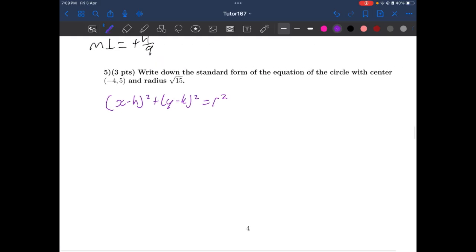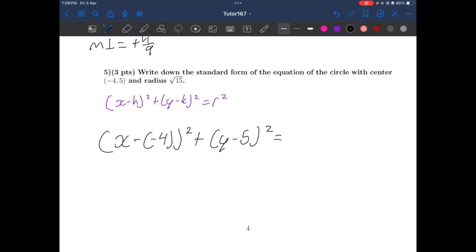So all we have to do is substitute these values in. This is h, this is k, and this is r. So this would be x minus, you gotta make sure I put in brackets, negative 4, close bracket, squared plus (y minus 5) squared is equal to the square root of 15.